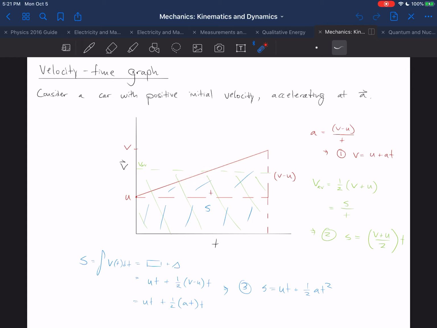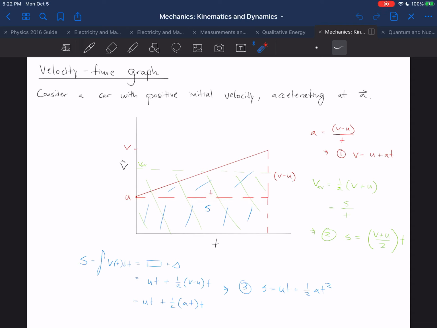Now notice that the area of this rectangle is the initial velocity times the time interval, or u times t. The triangle then has an area of 1/2 base times height, or 1/2 times v minus u, that's the height of this particular triangle, times the time interval t. So 1/2 v minus u times t.